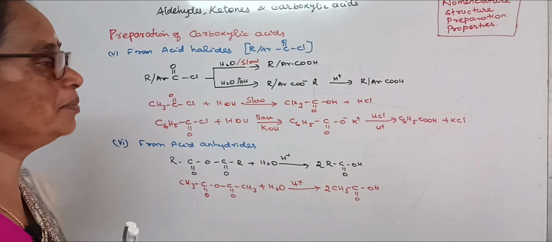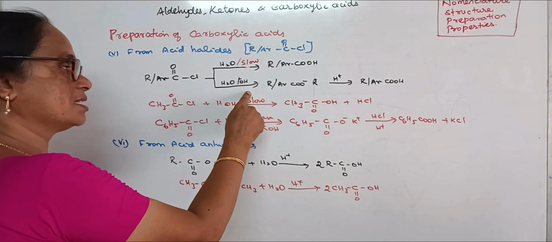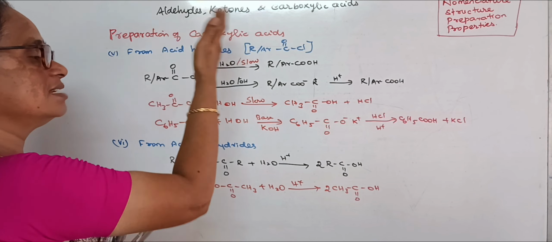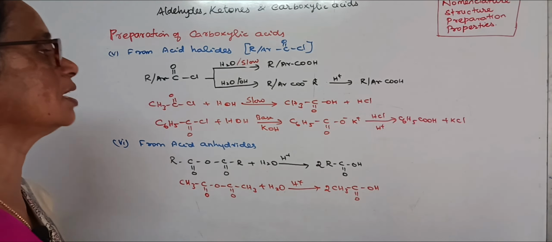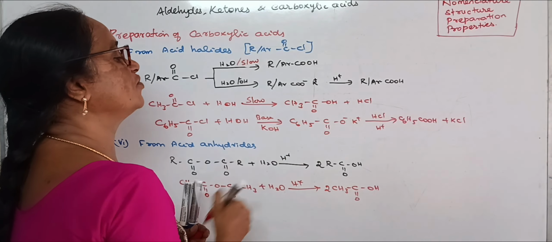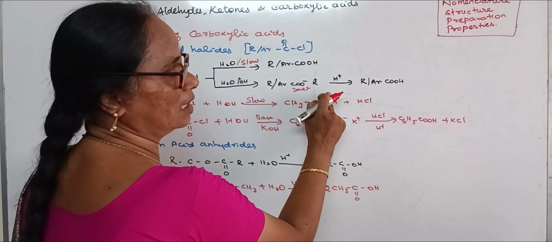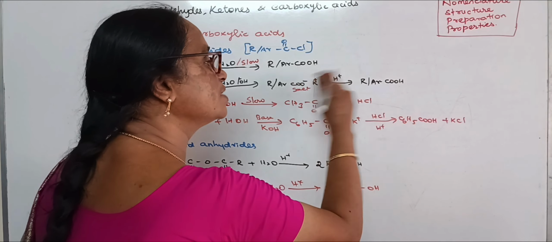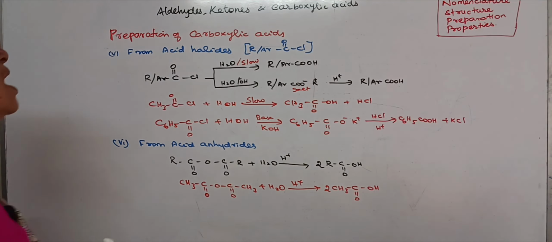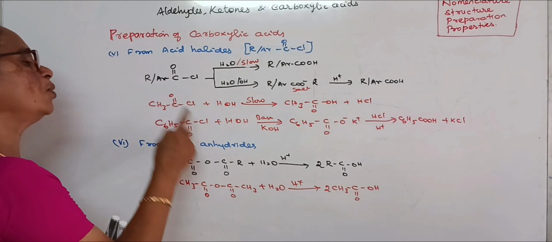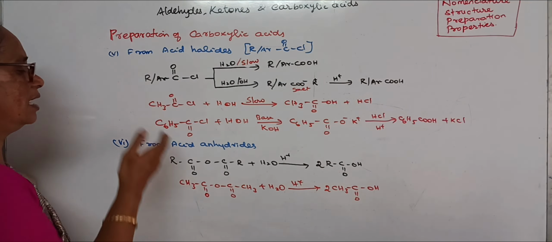But in presence of a base, the hydrolysis of acid halide proceeds in a faster manner. So we first get the salt of carboxylic acid, followed by hydrolysis we get the respective carboxylic acid. Let us take two examples, one from the aliphatic acid halide, the other one from aromatic acid halide.